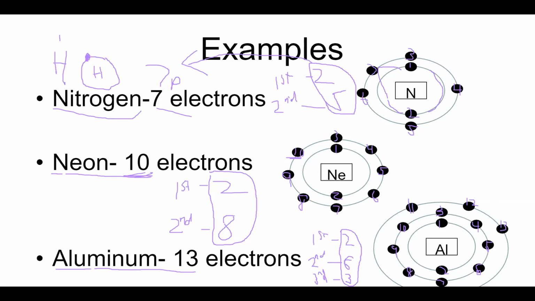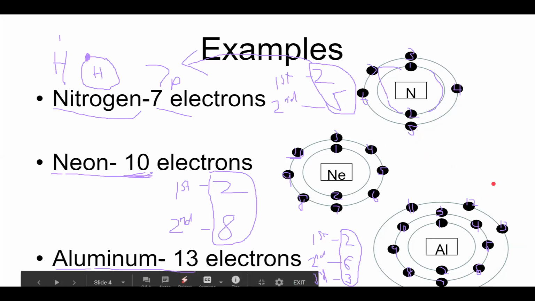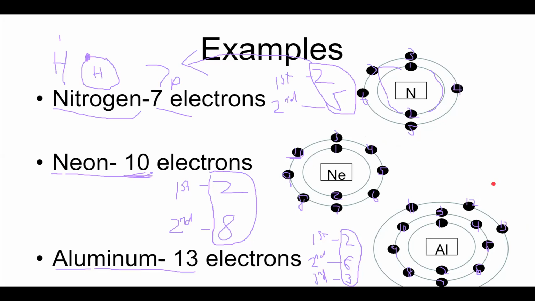All right. Carmen's asking a good question about the maximum numbers on shells. So yes, we already talked about how the first shell can only go up to 2 electrons. The second shell and the 3rd shell can only go up to 8.